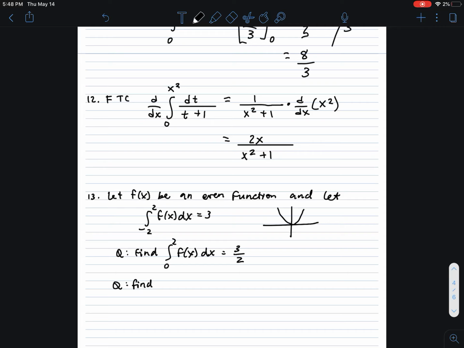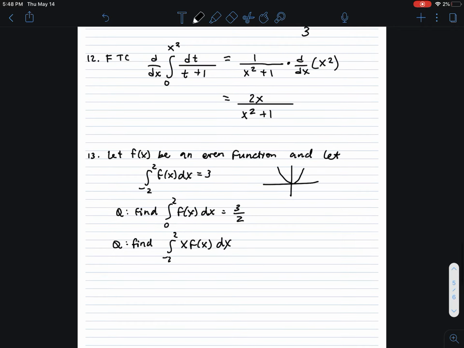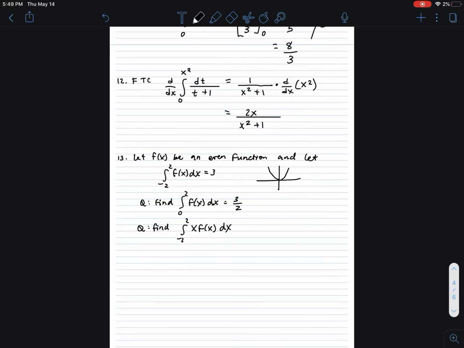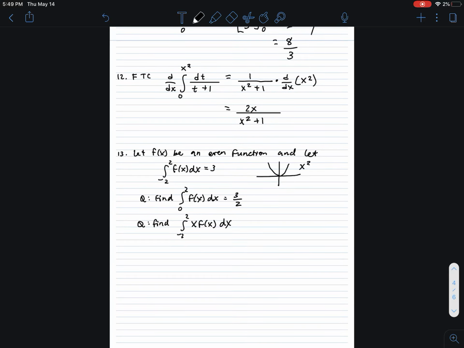And I could also ask you to find the integral from -2 to 2 of x times f of x dx. Now that might be kind of confusing, but remember, if we multiply x by an even function, let's say this is like x squared, right?